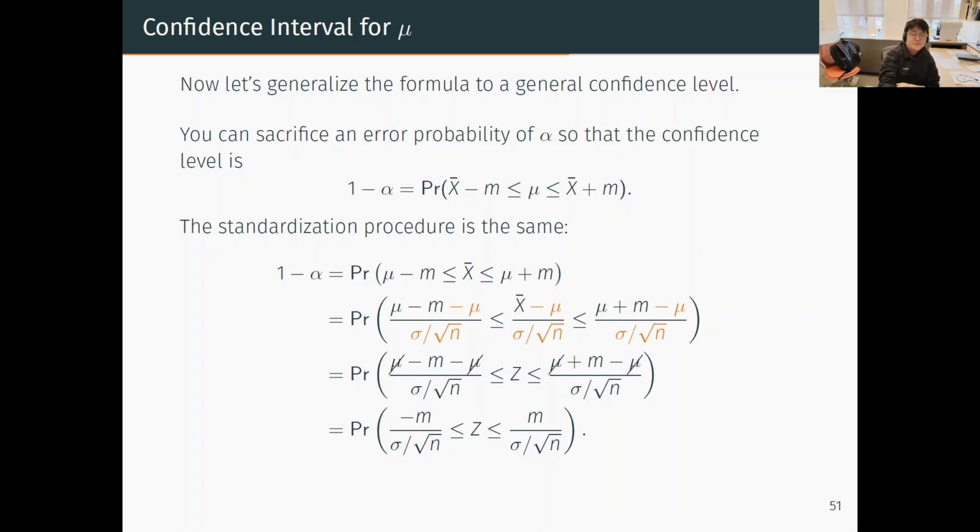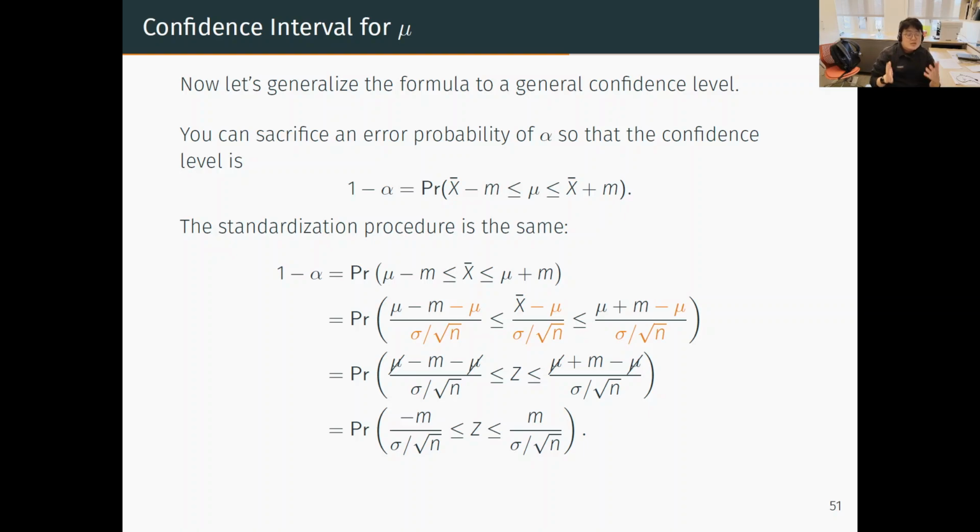On the other hand, we would like to have a smaller margin of error for the estimator to be more informative. But they are a trade-off, so we have to fix one of them, that is the confidence level. We fix the confidence level first, and then we find the minimizing margin of error that satisfies the confidence level.